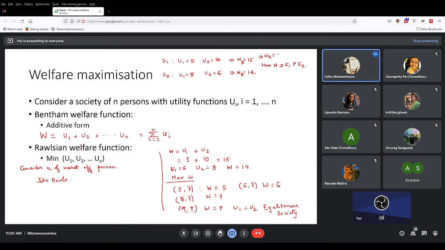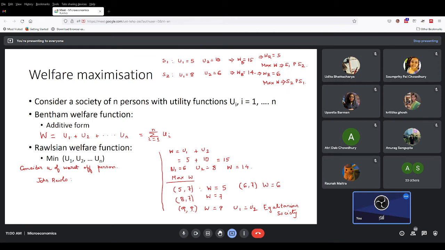So 5. And in this case, what is the welfare? So 8. Is it 8? So 6. 6 to 6. 6. Okay. So if I try to maximize welfare, what will I choose? So state 2. State 2 is preferred to S1.